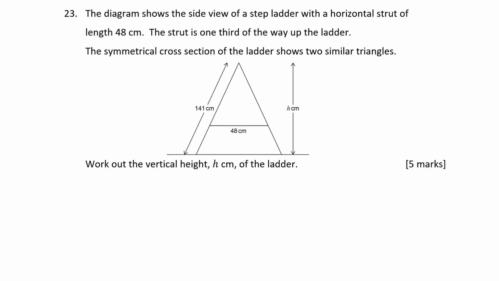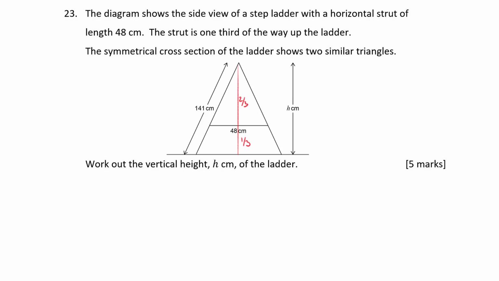I'm going to sketch that in. I'm just going to add a line from there to there. So then the distance from the ground to the ladder there is 1/3, and then this is 2/3, isn't it? So it's 1/3 to 2/3.